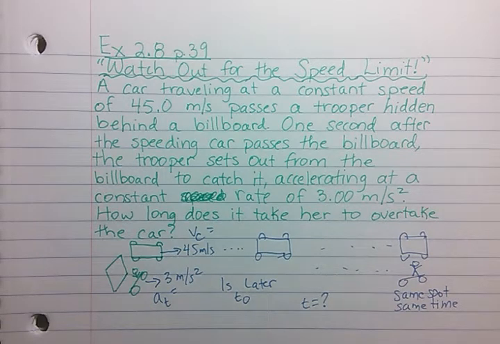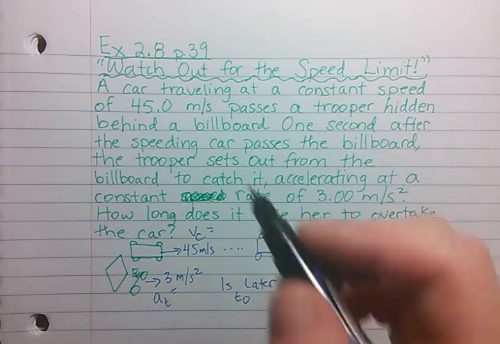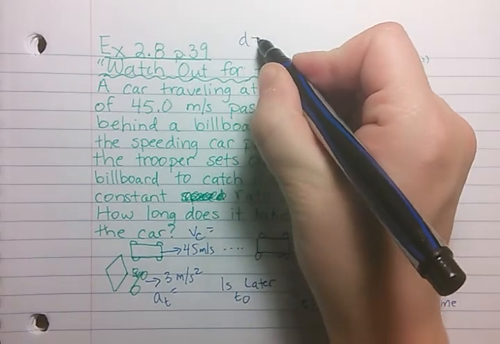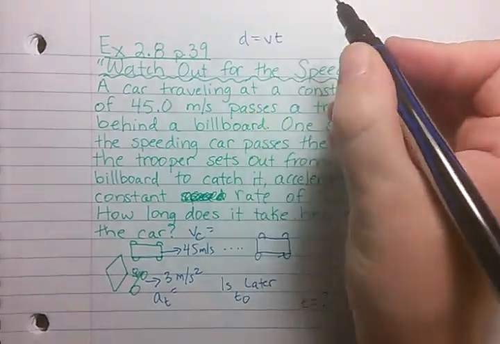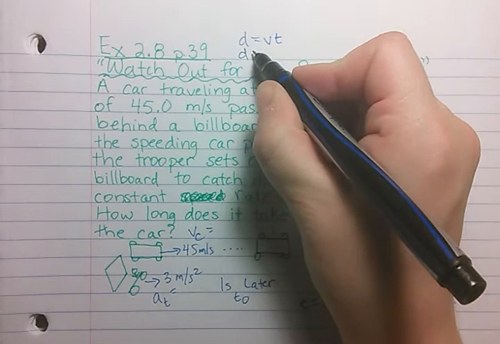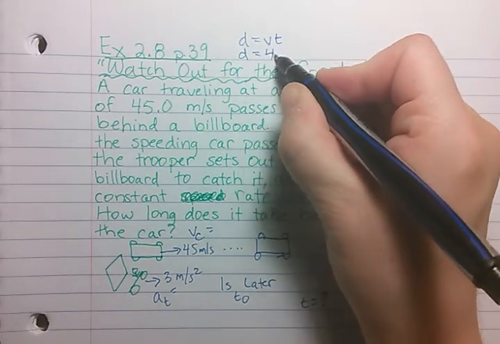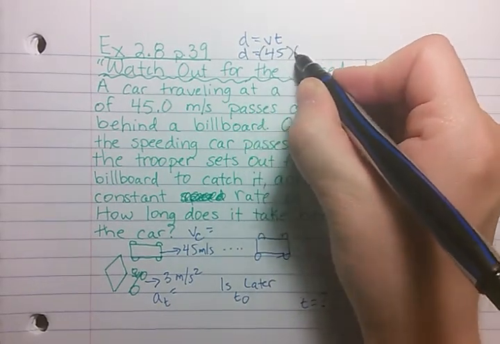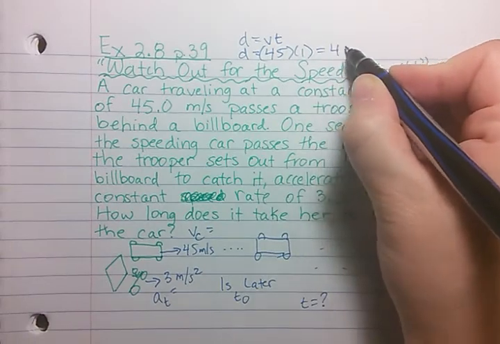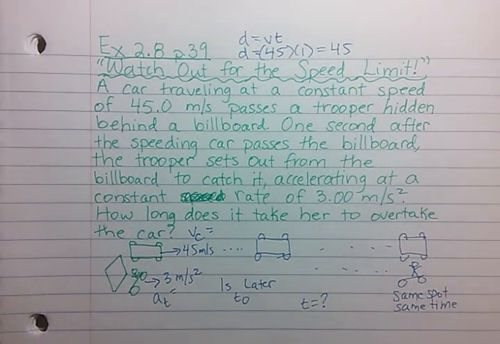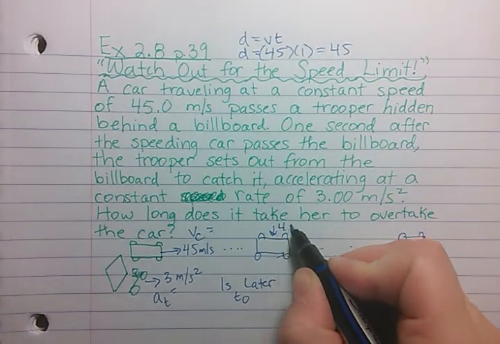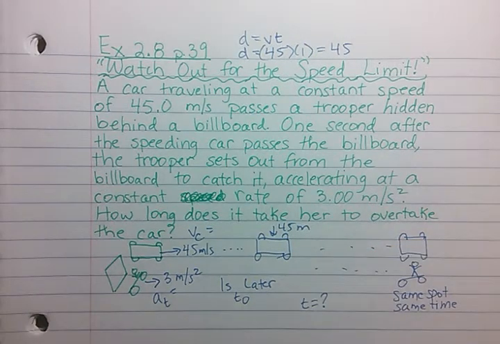We know from our 9th grade equation that distance equals speed times time. If the speed is 45, the time is 1, then the distance is going to be 45. So at this point, we've got 45 meters. So the initial position of the car is going to be 45 meters.